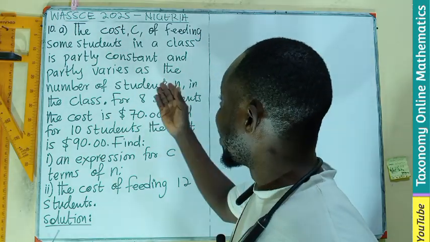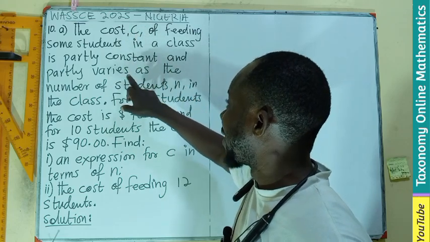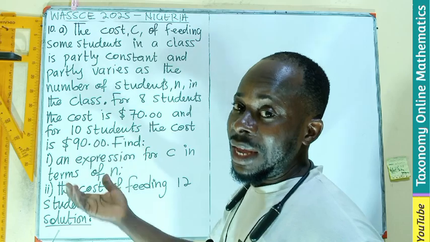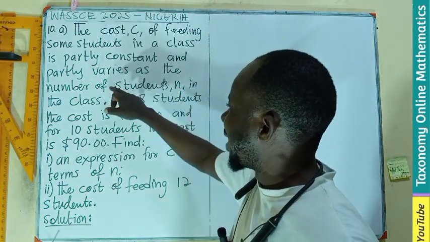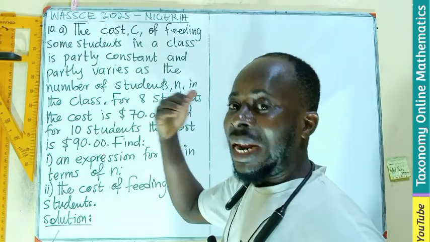So we can have the variation as C varies partly as a constant. Then we let the first constant be A. Then it also varies as the number of students, which is going to have another constant.